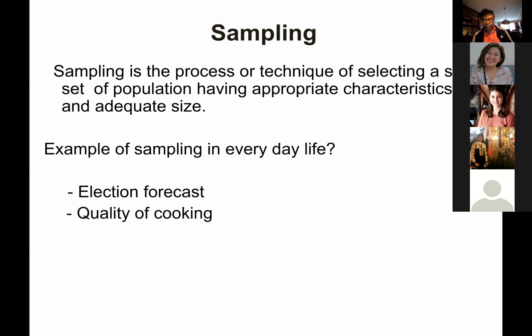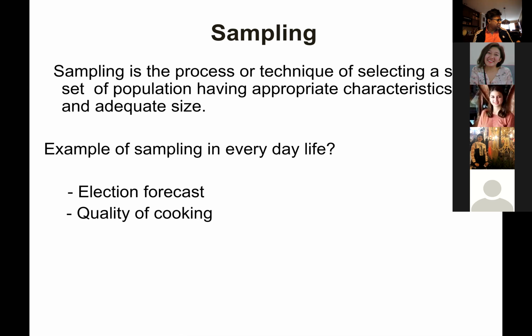Sometimes they make mistakes in their forecasting. But what they are working with is not all the voters that they ask about the election outcome. They only work with a subsample, right? So in research also, we use this subsample, only part of the population, in order to make a conclusion about the whole population.